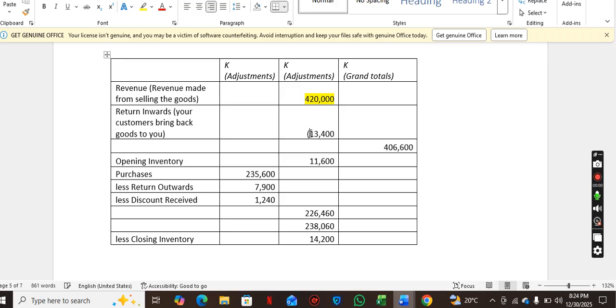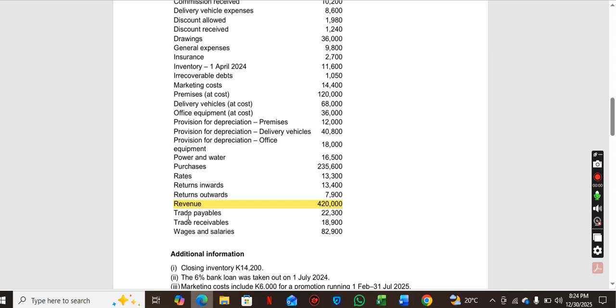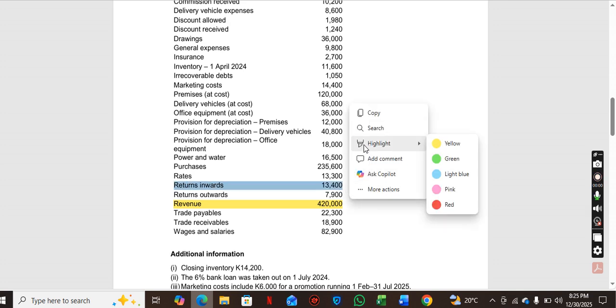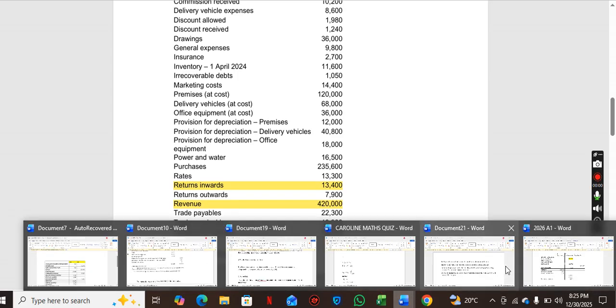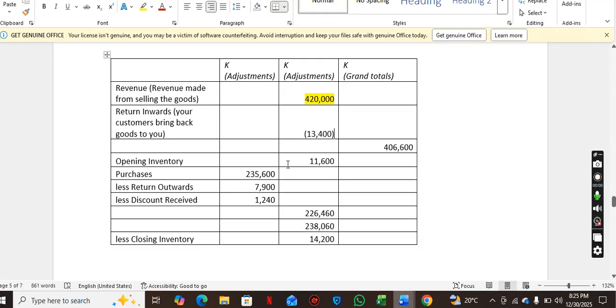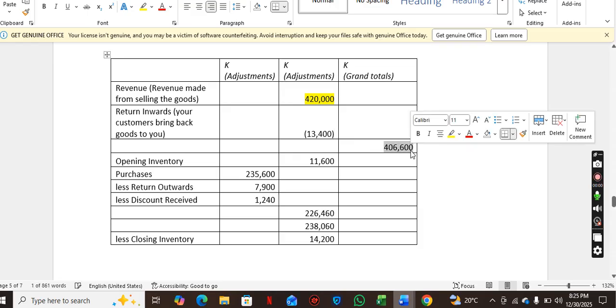When you see me put a bracket like this, just know I'm subtracting. According to our information here, return inwards is 13,400. You subtract 420,000 minus 13,400. You get 406,600 kwacha. Any questions?